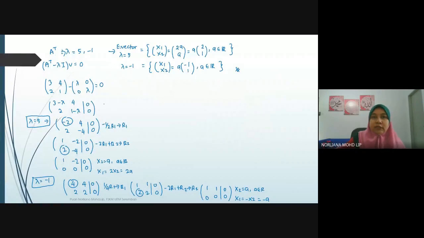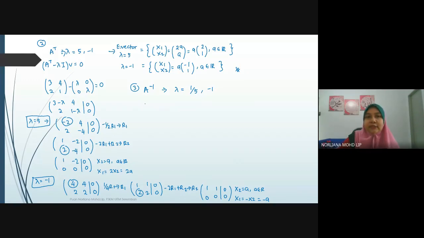So number 3 is A inverse. So the eigenvalues equal to 1 over lambda. So 1 over 5 lah, and then 1 over negative 1, negative 1.